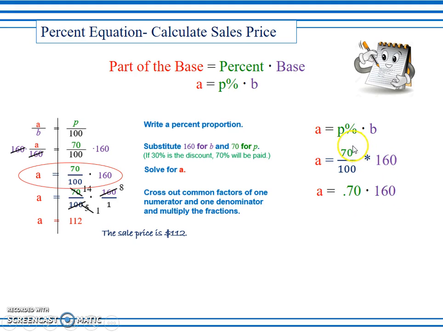When we convert our 70 hundredths to a decimal, we will get 0.7 times 160. So our part, or our partial price, is $112. Again, we're going to pay $112 for the guitar that's on sale.